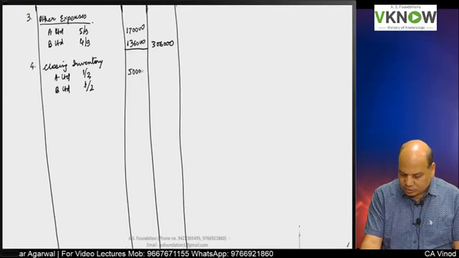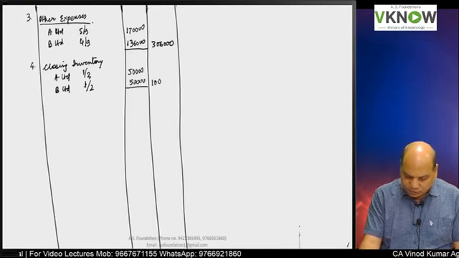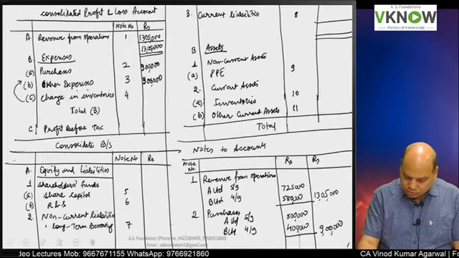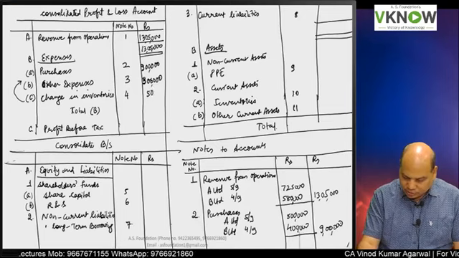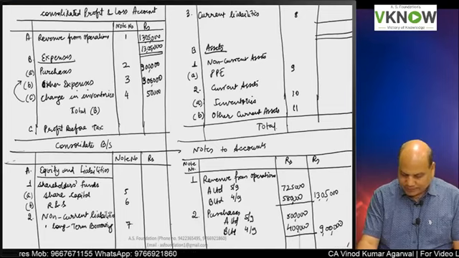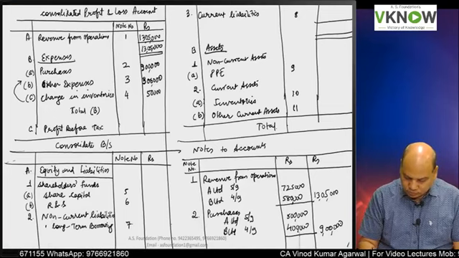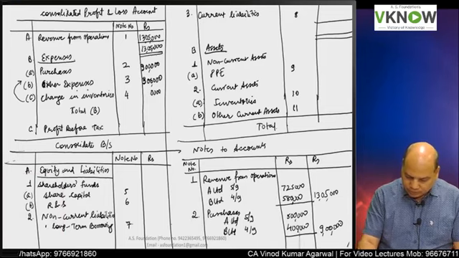As per instruction, this is asset, 50,000, 50,000 and 1 lakh. So closing stock 1 lakh in bracket.